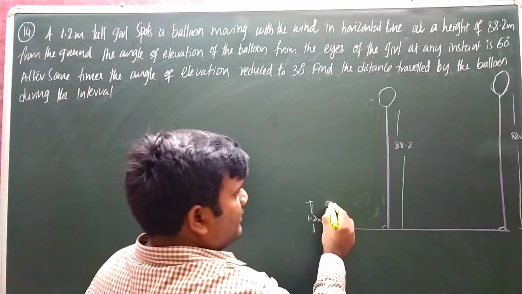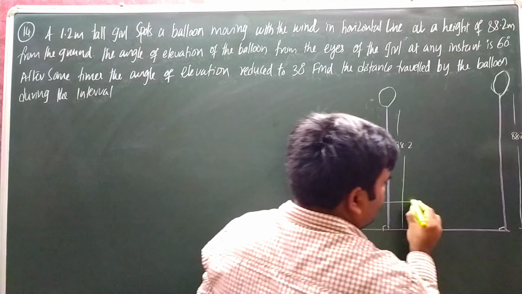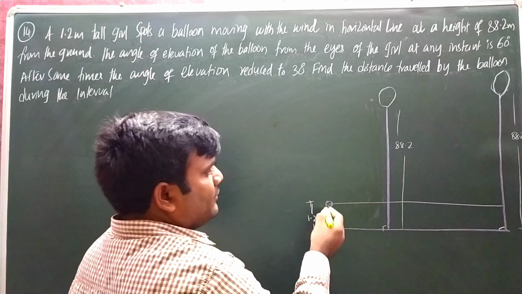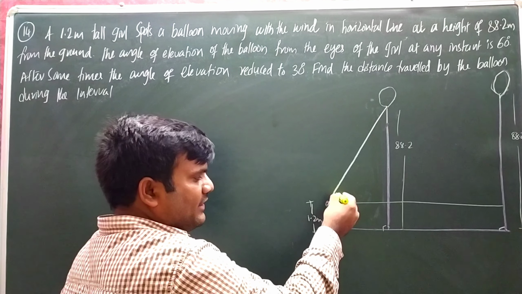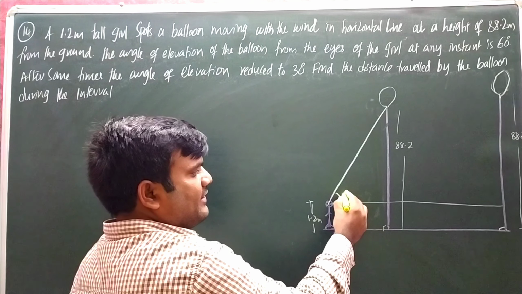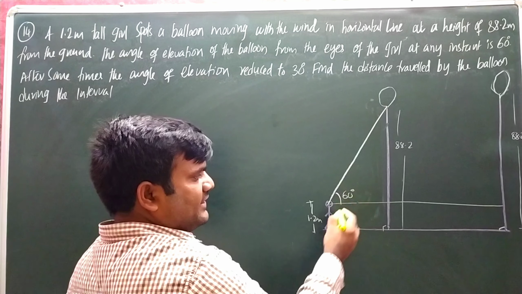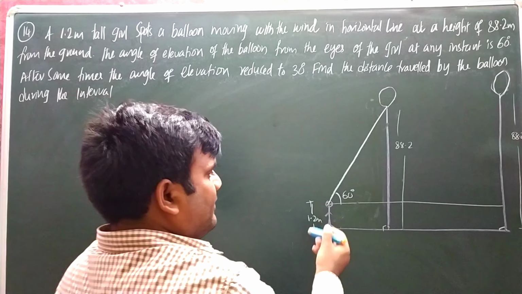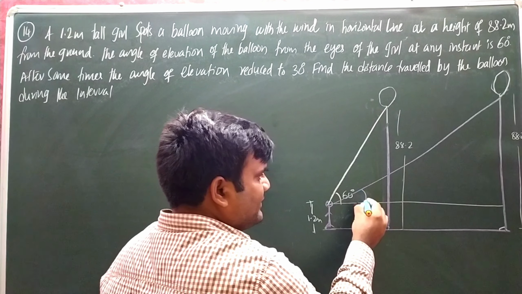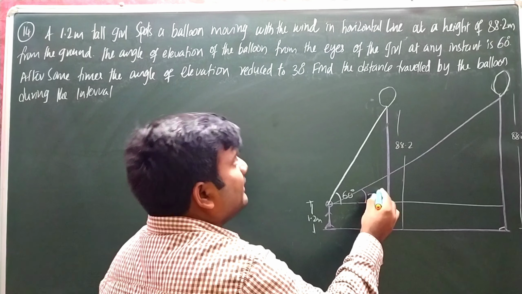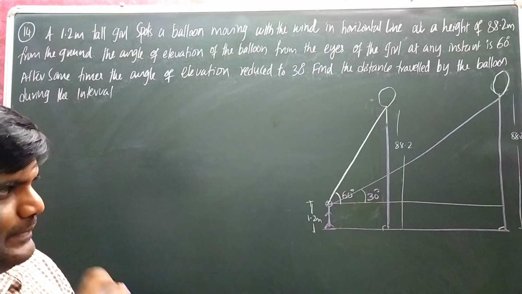First you draw the horizontal line. From here she is observing the angle of elevation, 60 degrees. This angle of elevation is 30 degrees.